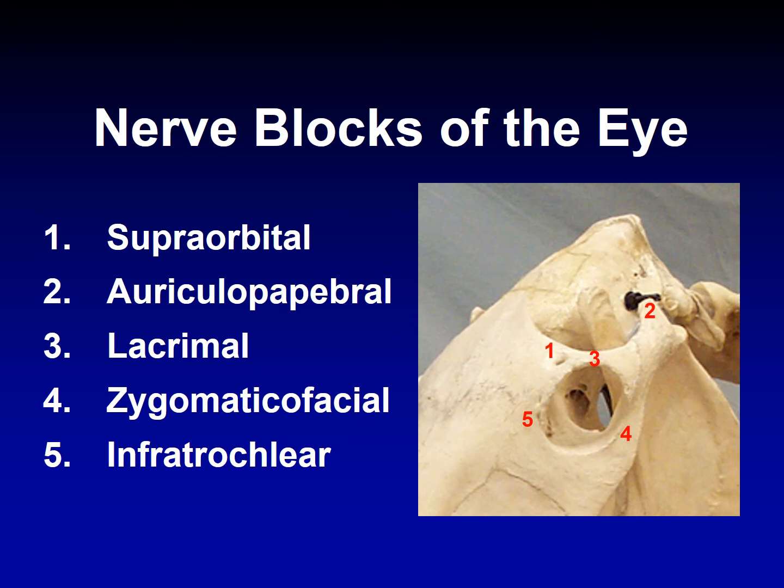Five nerve blocks around the eye: supraorbital, auriculopalpebral, lacrimal, zygomaticofacial, and infratrochlear. All of them are coming from the trigeminal nerve except the auriculopalpebral, which is coming from the facial nerve.